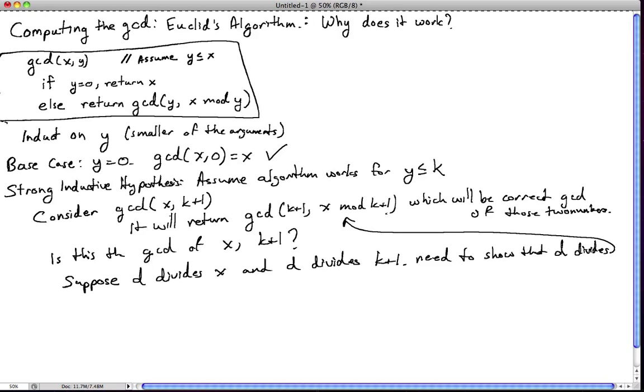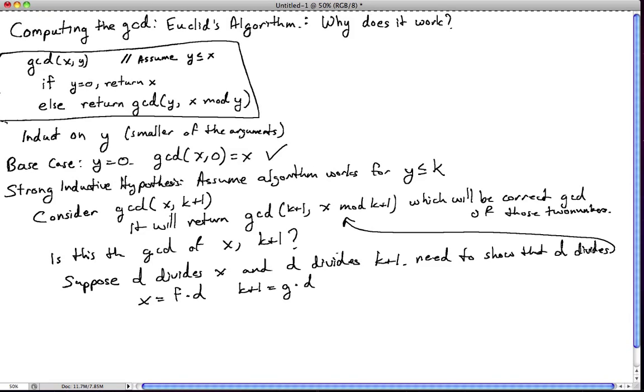So why is that? Well, the reason is that x and k plus 1 are both some multiple of d. So d divides x means x equals f times d, and k plus 1 equals g times d.